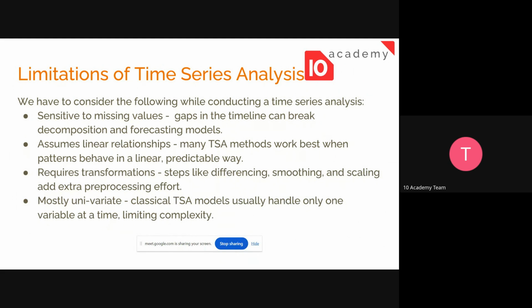So always you need to clean your data before doing a time series analysis, because it can't fill up gaps. There are methods you can use to fill gaps, like forward filling and interpolation, like we are going to see in the demo. You need to fill the gaps, because you can't do time series with missing data. This is a very important point in time series.